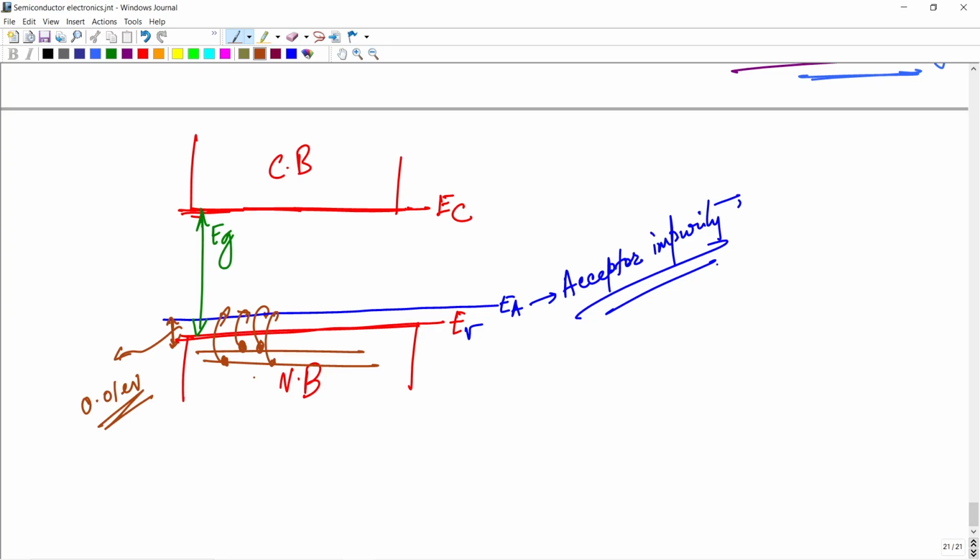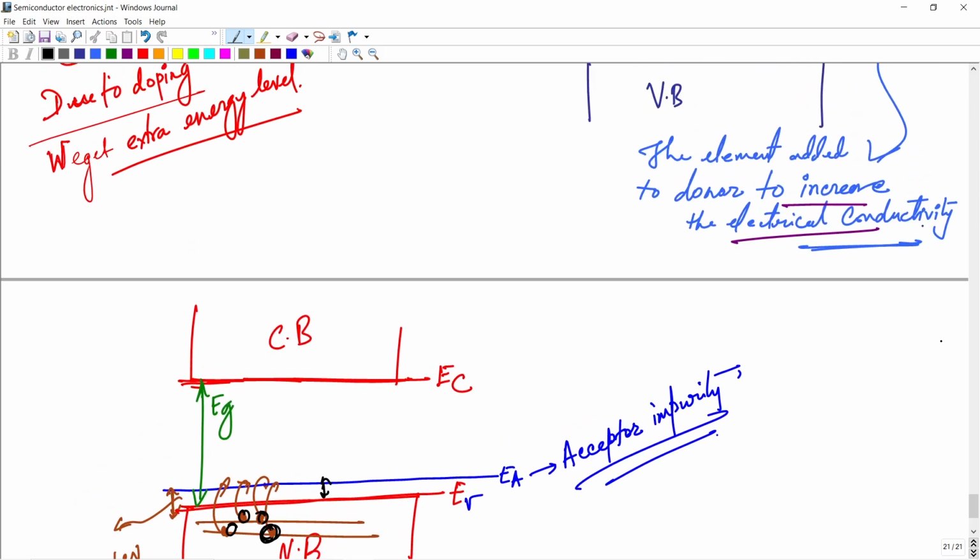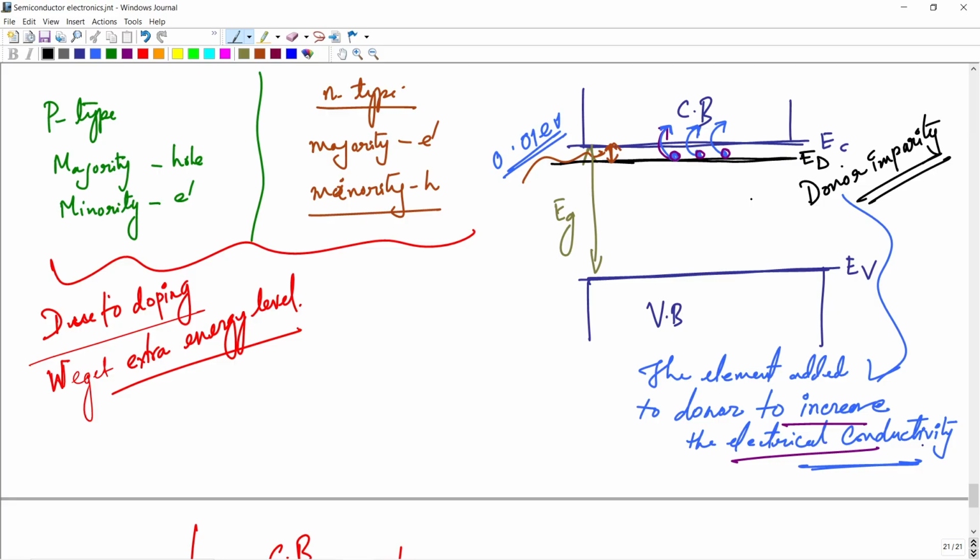If the electron jumps from EV to EA, you create a hole in the valence band. So due to the acceptor impurity, we get extra holes here, because this gap is very small. The hole is the majority carrier here, while in the donor case the electron is the majority carrier.